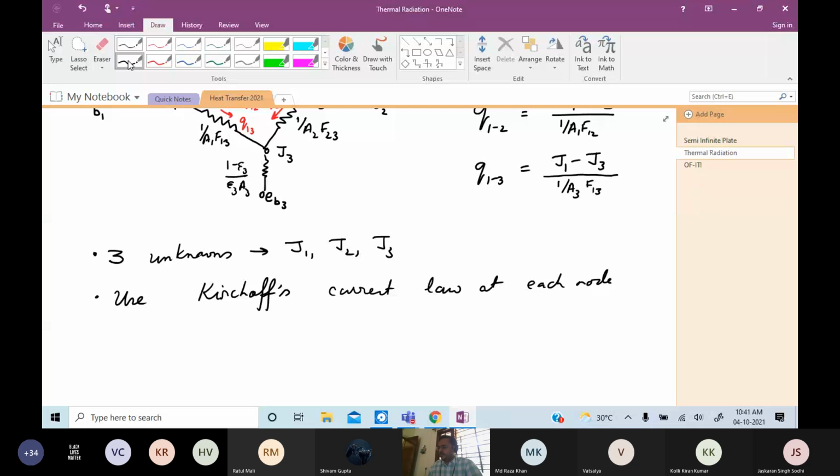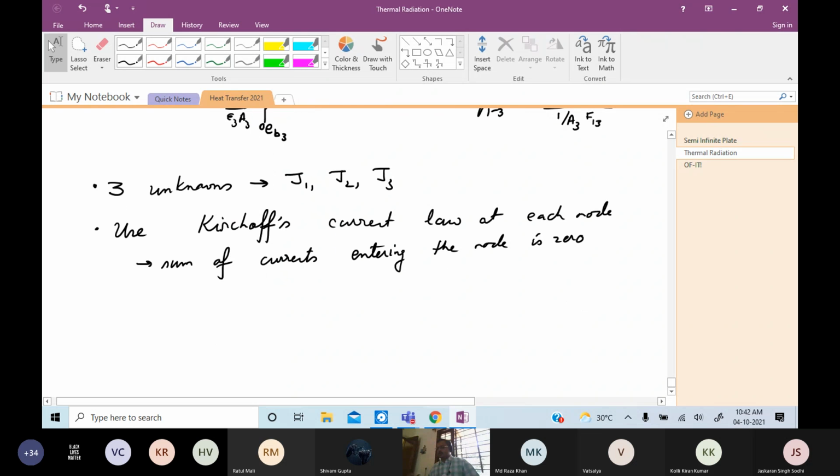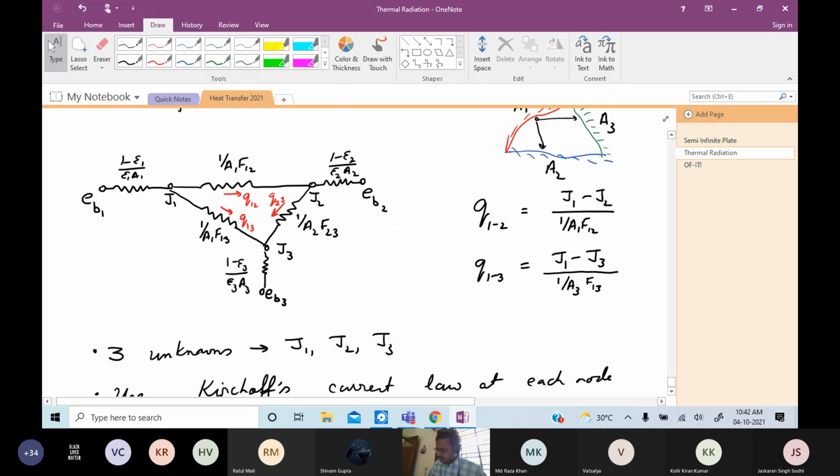Which means the sum of currents entering the node is 0. Okay. So let's take node 1. What is the total sum of current that is entering the node? Something is coming from here, something from J2, something from J3.